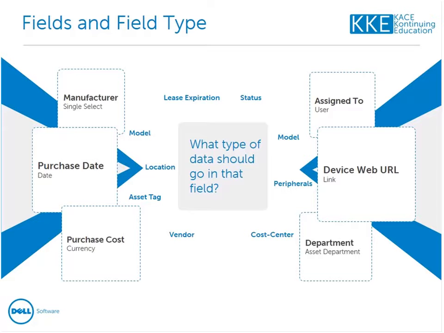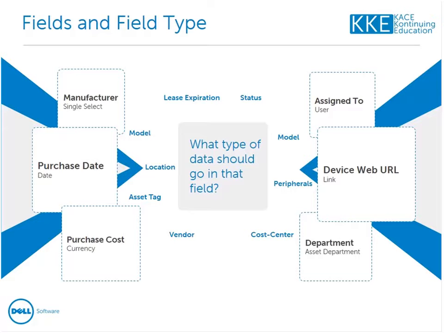Now, more importantly, there are other ones like purchase date, and we have a date asset field type. When you are going through reporting and you want to parse against that date, say, give me all the assets purchased within the last 30 days, you need that date field.